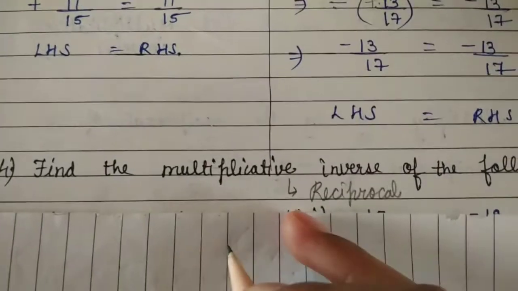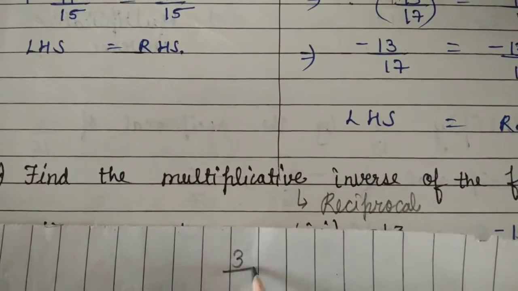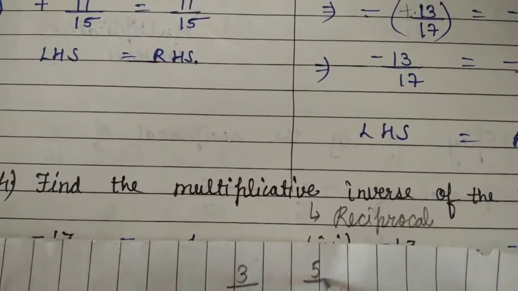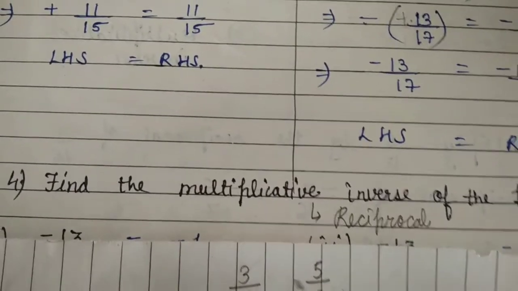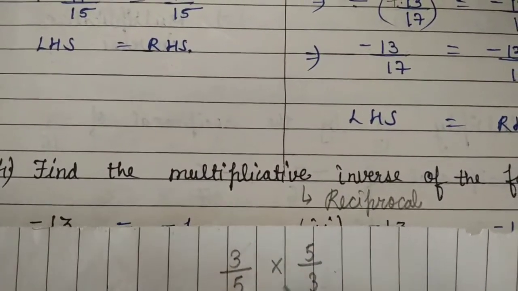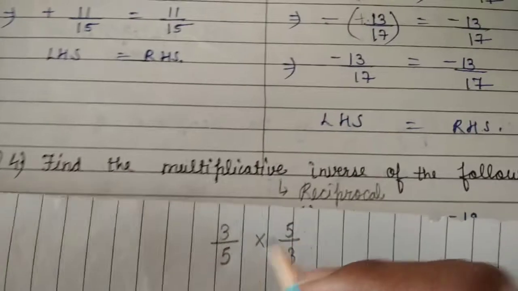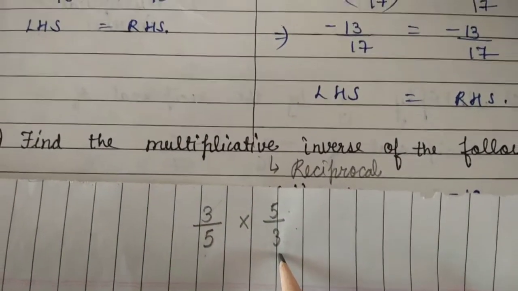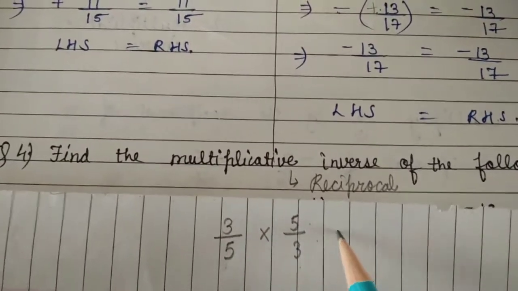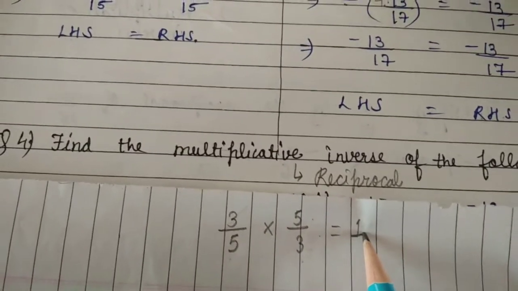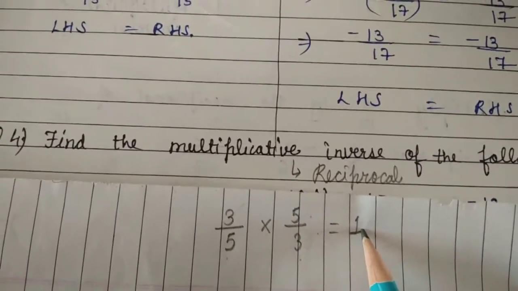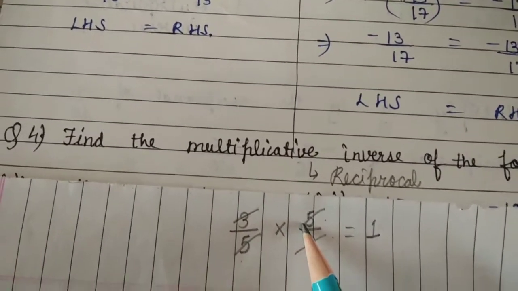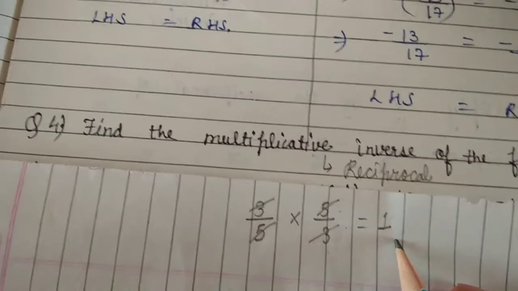For example, if we have the number 3 upon 5, its reciprocal is 5 upon 3. When we multiply a number and its reciprocal, what will we get? We will get 1, because 3 to 3 cut, 5 to 5 cut, and we will get 1.